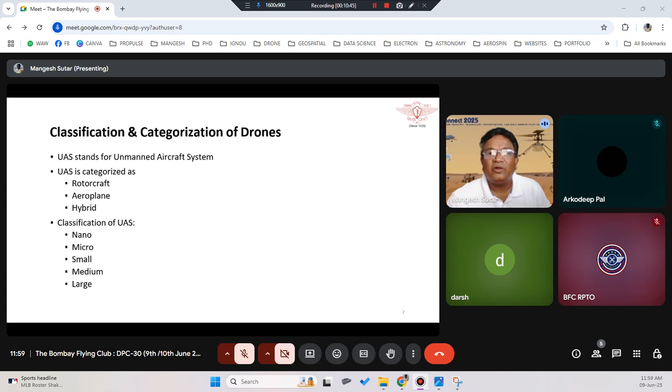So basically the micro class belongs to the segment of more than 250 grams to 2 kg. That's a very small segment, with very small drones. More or less people fly them for recreational activity, hobby or something like that. So that's why there is a distinction between flying for personal use or for commercial use.